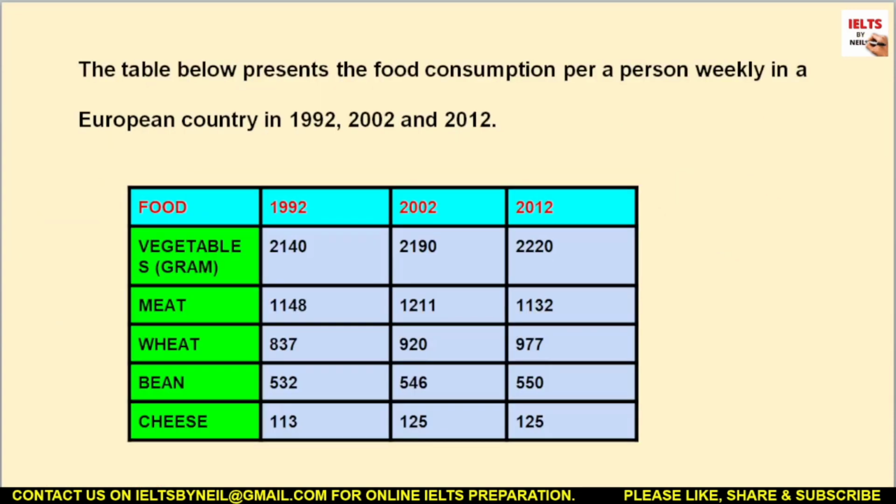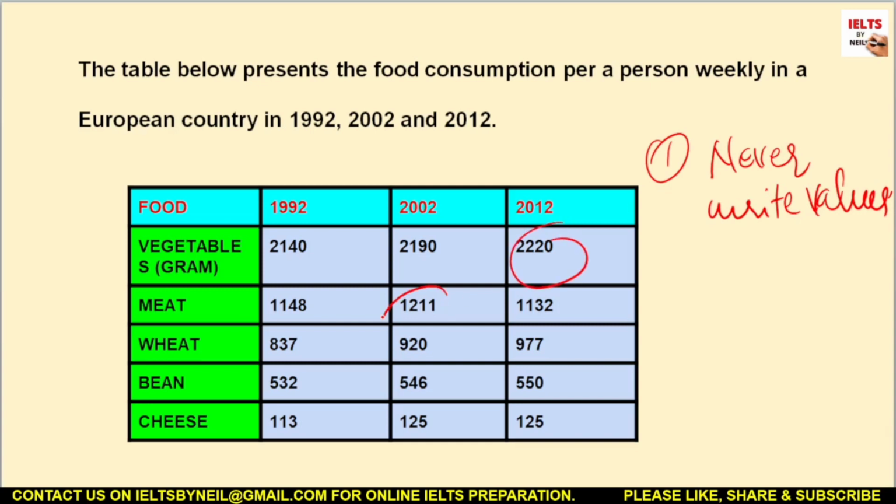Now there are certain things that we have to keep in mind while writing the overall statement. The first one is you never write values in your overall statements. By values I mean these.